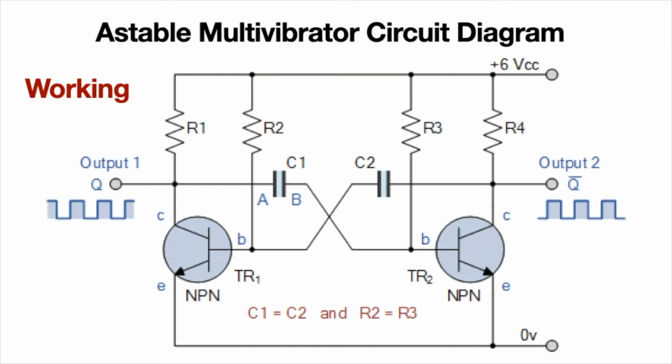Until then capacitor C2 was charging, and it will be charged up to VCC minus VBE. As I told earlier, it will be charging up to VCC minus VBE, and after that when Q2 acts as a short circuit, capacitor C2 will be grounded, and the voltage appearing at the base of Q1 will be negative of VCC minus VBE.